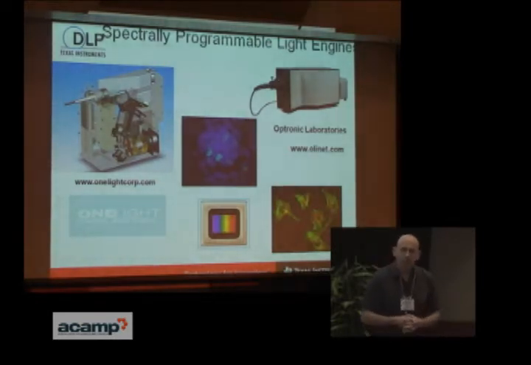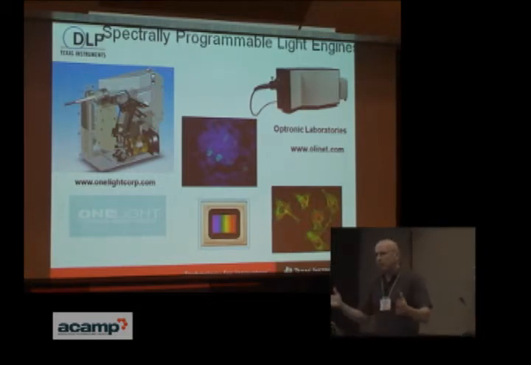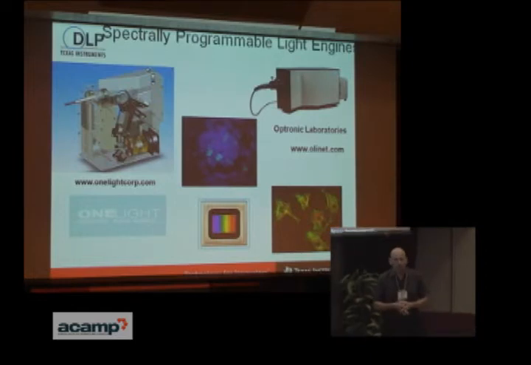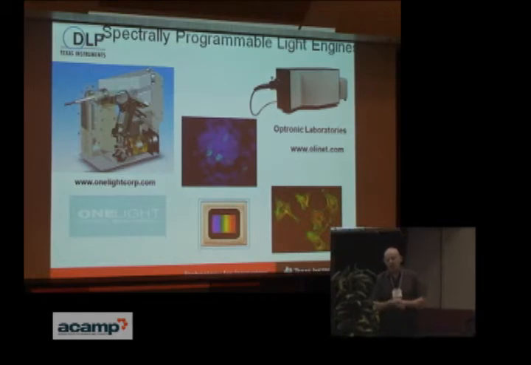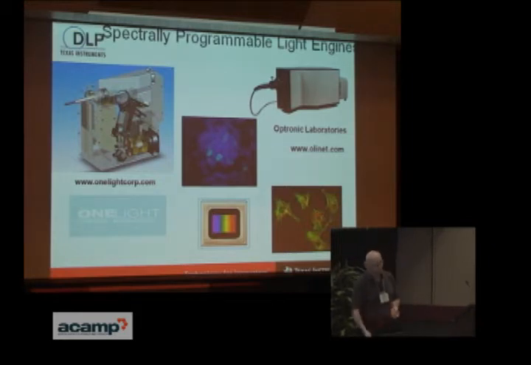And programmable light engines. So what they do using the DLP technologies, they use a very wide spectrum light source, like a xenon lamp, and then they split the spectrum up and display it onto a DLP light engine, and then using that, they can actually indicate the different intensity and the spectrum content of the light that's used.